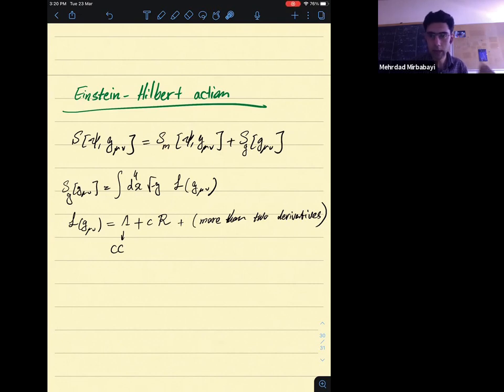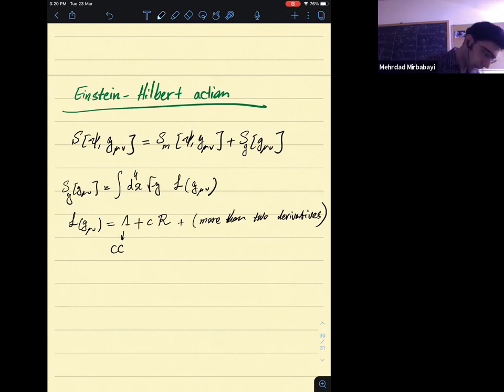It would be in the matter part. For now we don't care about it. In the cosmology part of the course, we will discuss it more. But now we are talking mostly about asymptotically flat spacetimes, and in that case, the cosmological constant has to be 0. Okay, then we will be left with these two derivative terms.